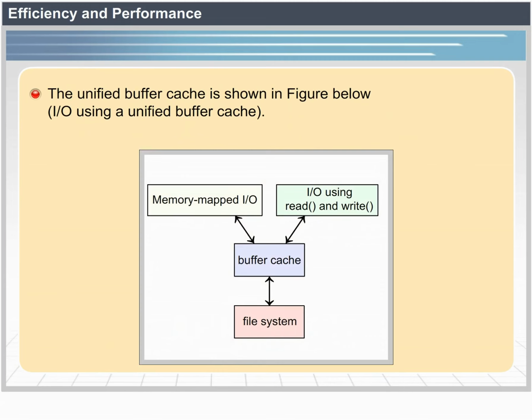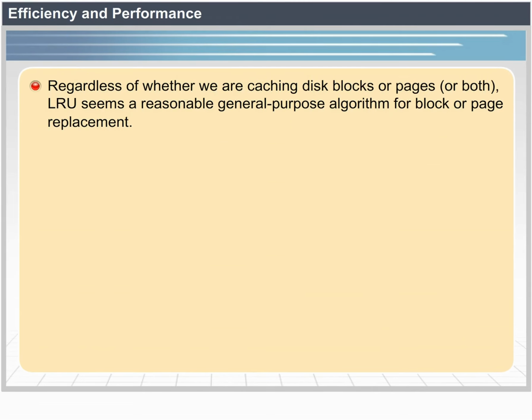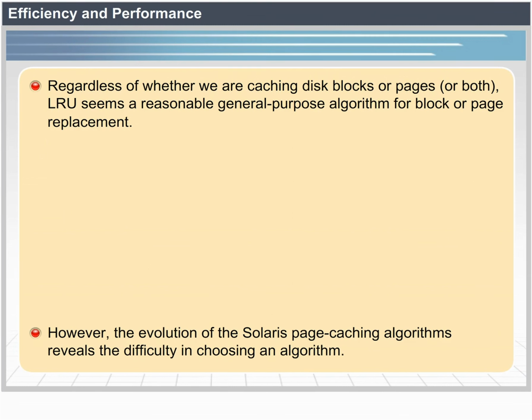Regardless of whether we are caching disk blocks or pages or both, LRU seems a reasonable general-purpose algorithm for block or page replacement. However, the evolution of the Solaris page caching algorithms reveals the difficulty in choosing an algorithm. Solaris allows processors and the page cache to share unused memory.